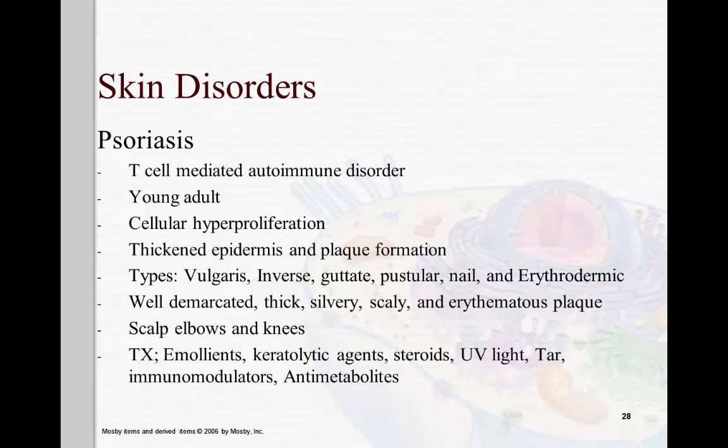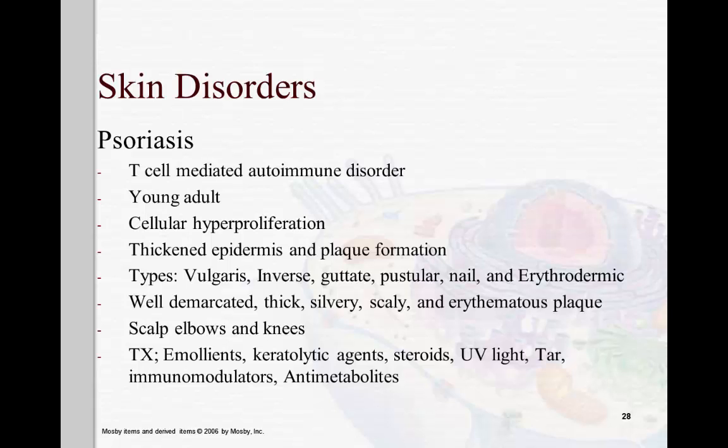Remember that atopic dermatitis is present in the flexure area, so antecubital and popliteal fossa. Psoriasis is completely inverse. It's present in the knees and the elbows. Now, you could have a disseminated psoriasis that is called psoriasis guttata.